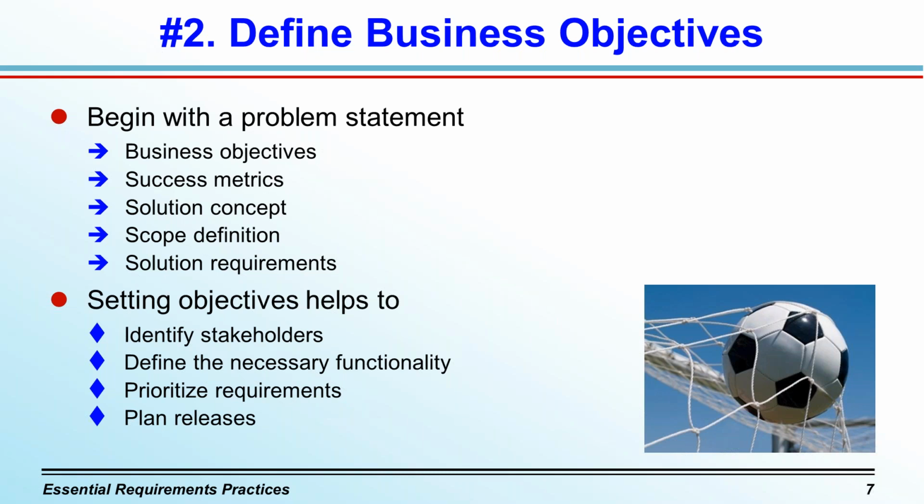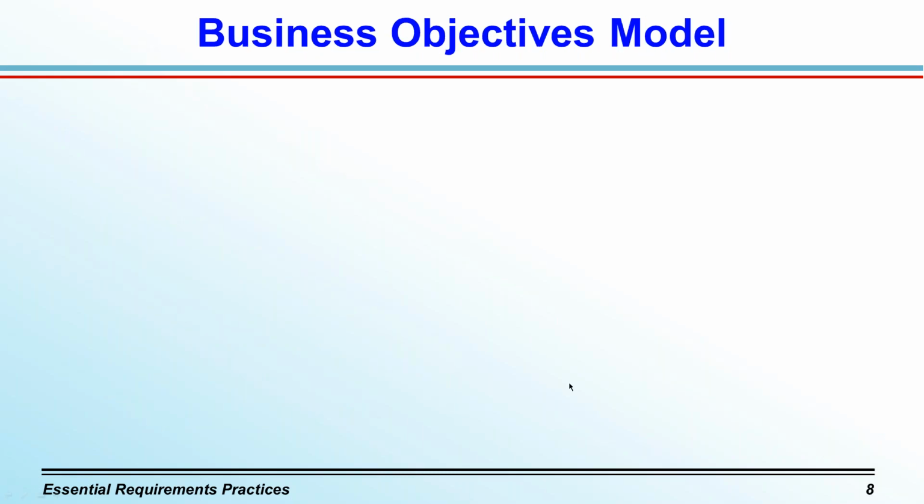Business objectives let you determine when the business problem is solved, or a need is fulfilled, or an opportunity is exploited. Now, it's easy to state vague goals, but you're better off trying to write your objectives to be specific, quantitative, and measurable, because otherwise, I don't know how you tell if you've achieved them. A tool that will help us with this is called the Business Objectives Model.